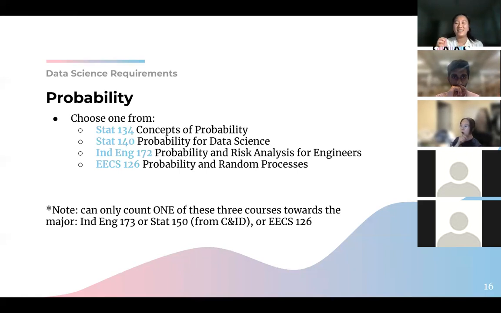So you can't be sneaky and say, oh, I want to count this for probability and computational. You have to choose one. And also you can't double up and count 150 and 126 towards the major as well. Yeah.